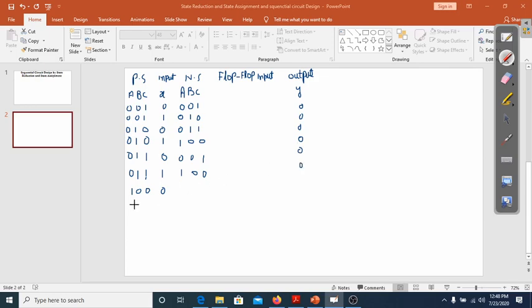When the present state was 1 0 0 and the input was 0, the output was 0, and the next state was 1 0 1.